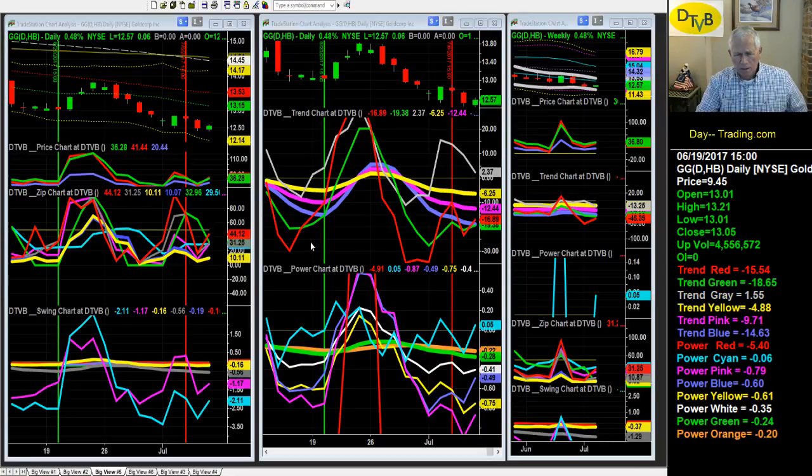Trend red was up above trend green, and so trend, or no, excuse me, I take that back. Trend red is minus 33 and trend green is minus 20.27.